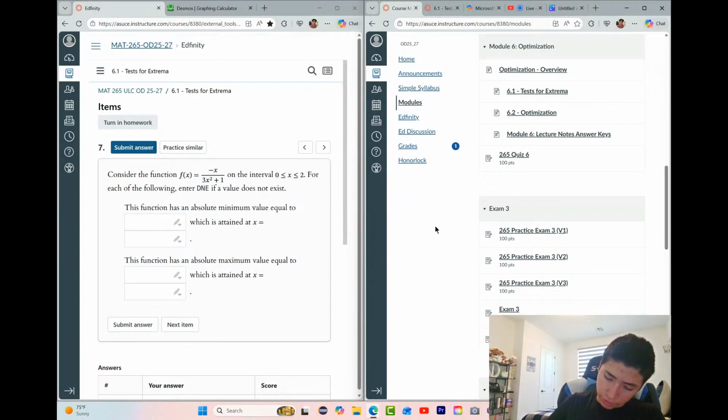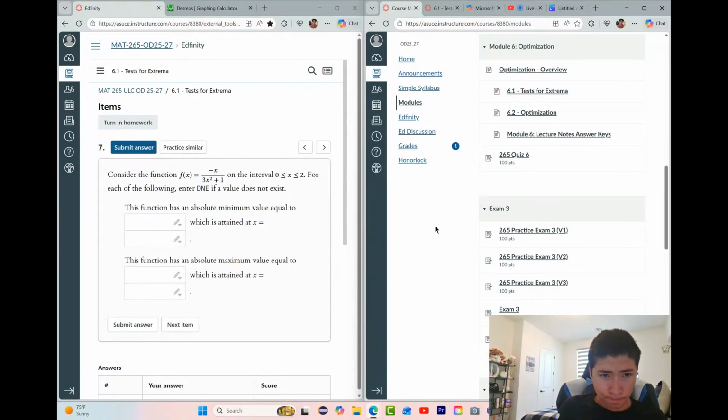In fact, I'm just going to put this one row higher. So we have negative x over 3x squared plus 1 on the interval 0 all the way to 2. So we have a closed interval from 0 to 2.